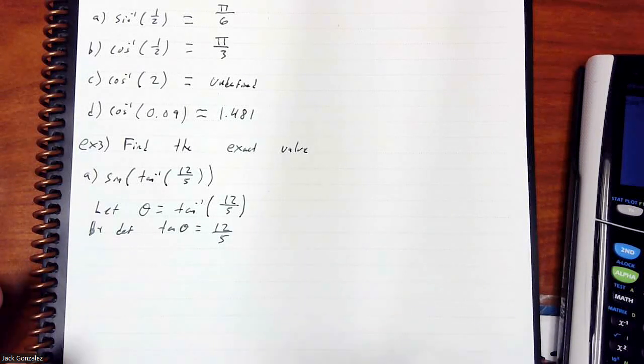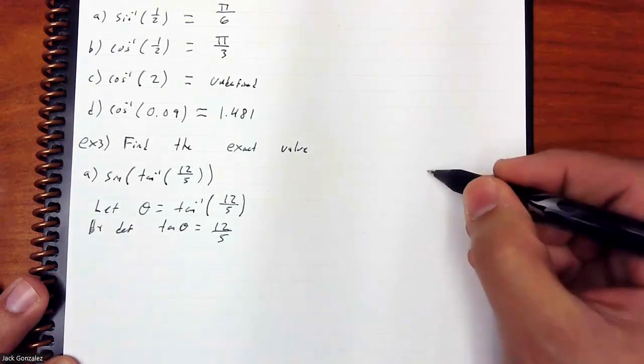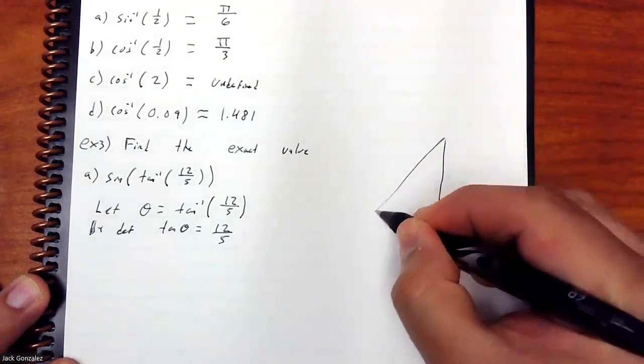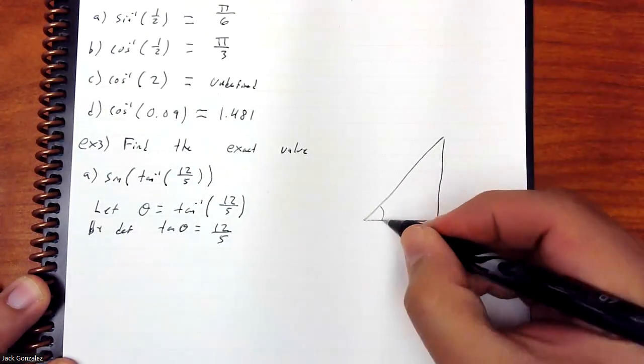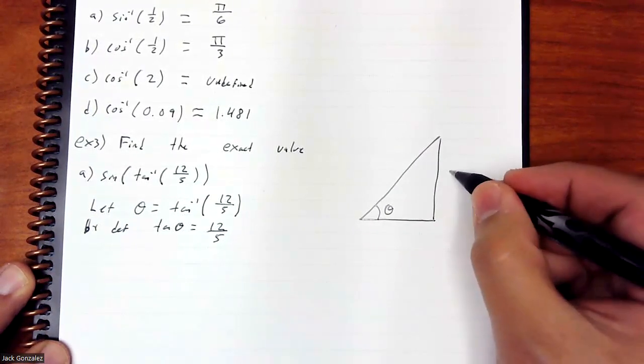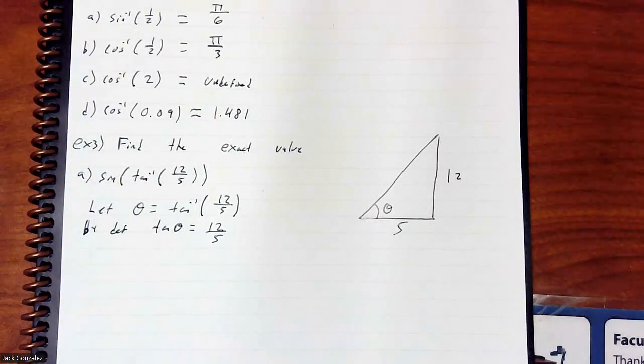Just find your sine. So build the triangle. You're gonna have to build one every single time for these types. If tan theta is equal to 12/5, that means that opposite and adjacent are 12 and 5, correct? Go back to what we talked about last time.